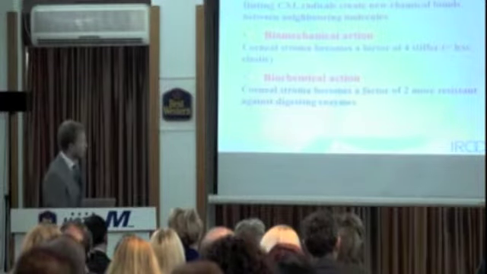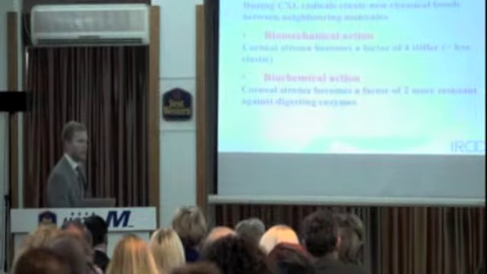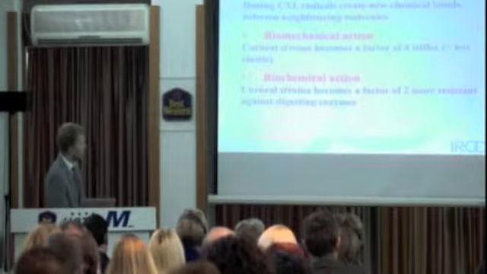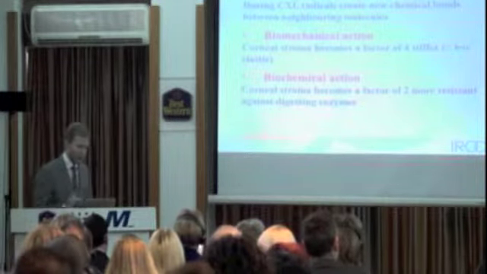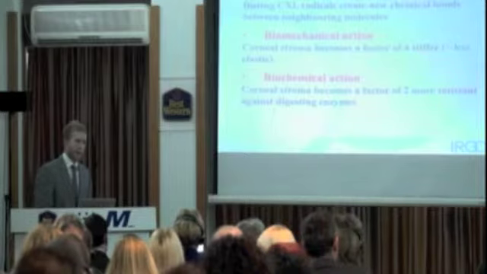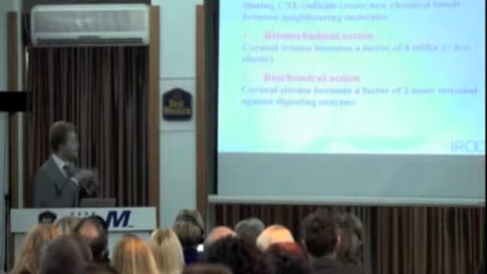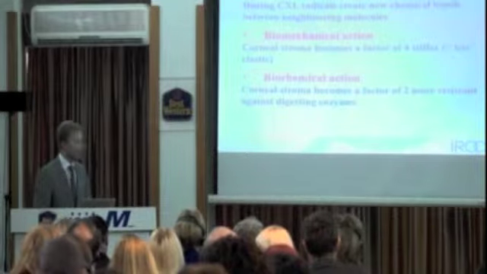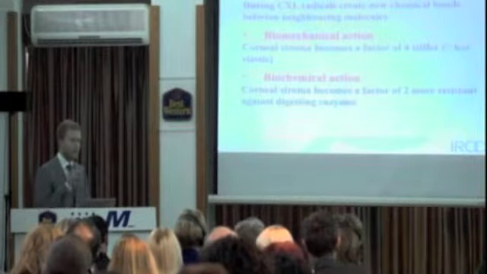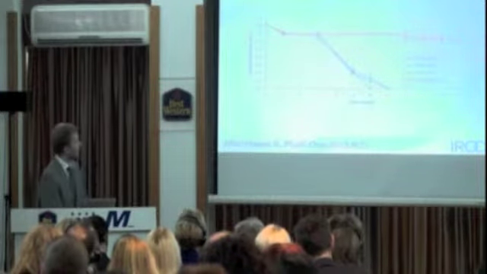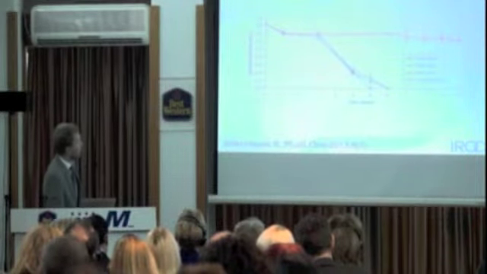So the next thing, how we can measure that crosslinking took place, is the biomechanical action. Because if we lay down a cornea that was crosslinked and compare this to a cornea that is not crosslinked, if we put this in a solution with collagenases that digest the cornea, we can see such a graph. Here we do have 4 groups.